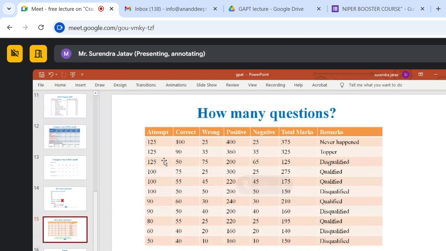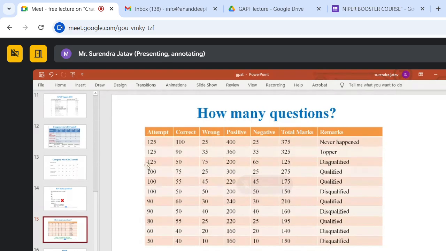So, for example, out of 125, if you are attending 90 questions and 35 are wrong, your marks will be 360, and after cutting 35, you will get 325. That means getting this much can make you a topper.